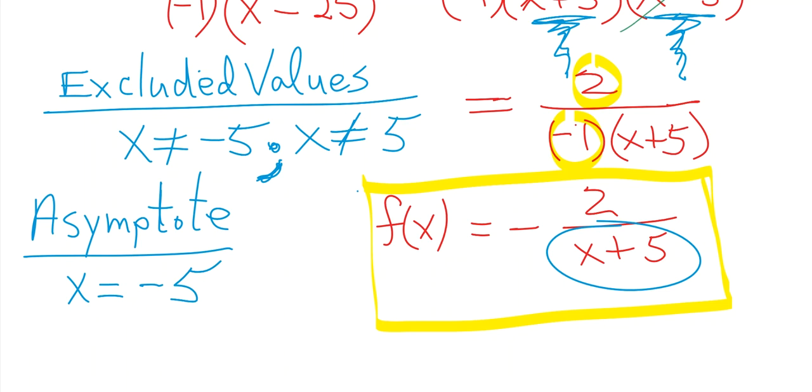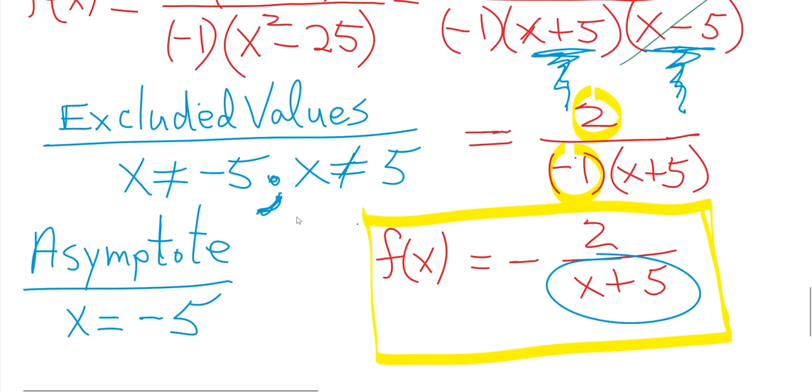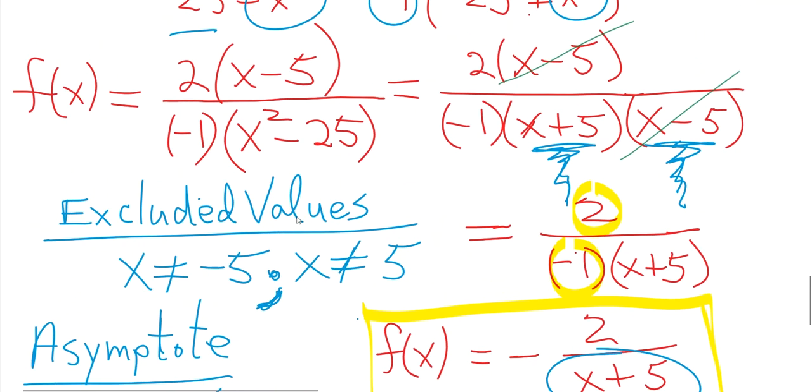Okay? Now you may be asking the question, and rightly so, what happened to x minus 5? It got canceled, remember? When you have the same factor in the numerator and the denominator, if x was equal to 5, you would have a 0 in the numerator and a 0 in the denominator.